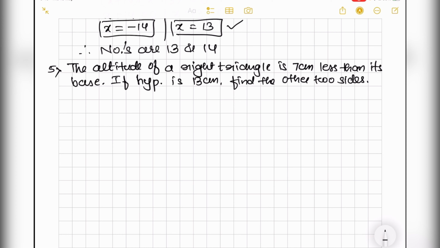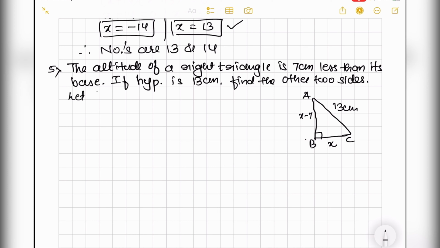Now see here what is given. Suppose I am taking this as a right triangle. This is the hypotenuse, so 13 centimeter. Let me name it ABC also. Now he is saying the altitude is 7 centimeter less than the base. So if I take the base as x, the altitude AB will be x - 7.